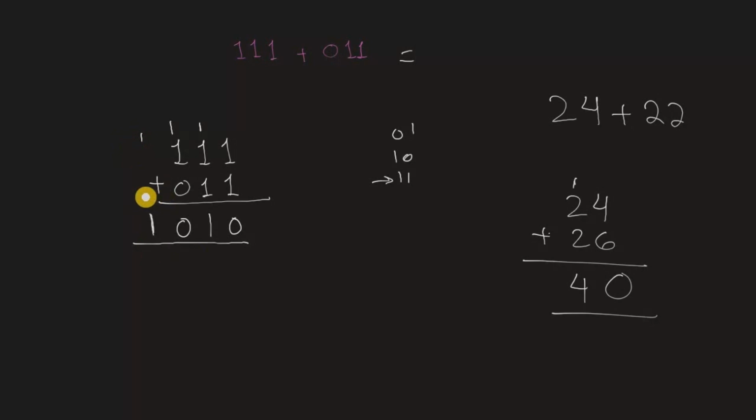In this case you cannot do this because the computer has only a 3-bit register to store the data. Okay, so the maximum number that you can get is only 3 bits, so you cannot get 4 bits. Okay, so here, even though you get this 1 over here, you're going to call it overflow.